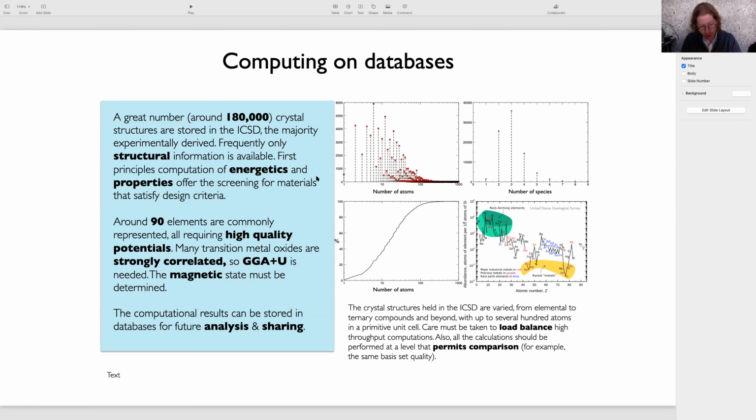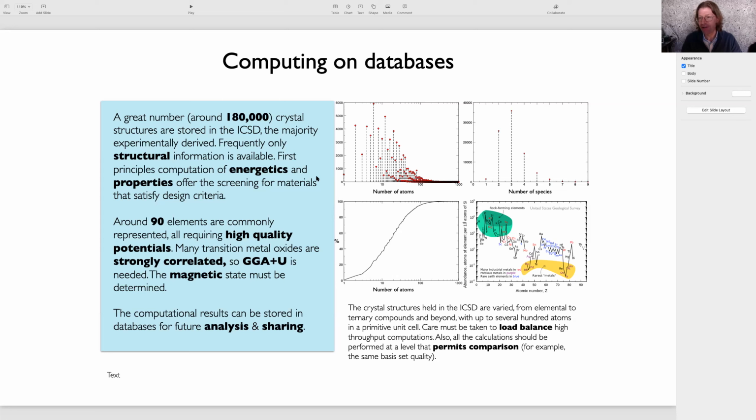And actually, this is an important plot because it explains why high throughput computation coupled with density functional theory calculations really took off. Because DFT calculations, the plane wave DFT calculations that you might do with CASTEP and VASP, are really good for crystal structures with about 100 atoms in a unit cell in terms of time. It's very efficient.